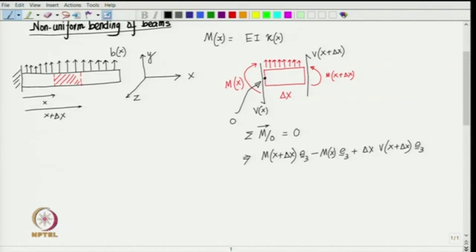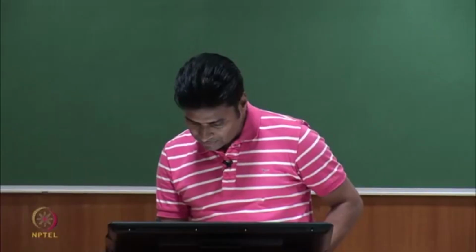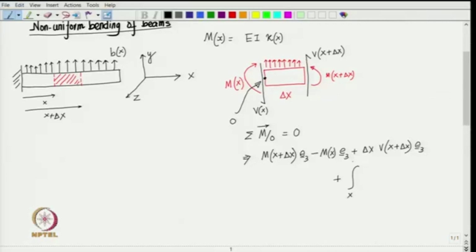Finally, we also have the moment due to the distributed load. That is going to be an integration from x to x plus delta x, and the moment would be the arm, which is zeta minus x, into B of zeta d zeta.